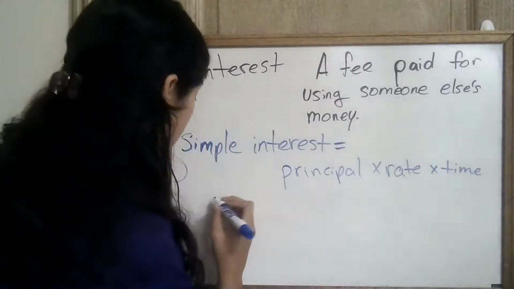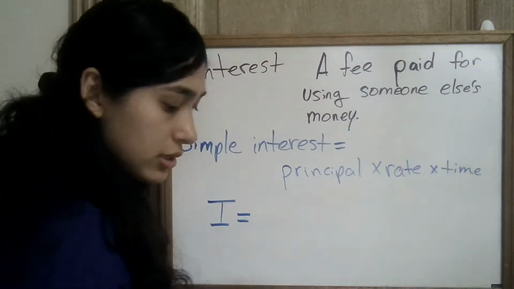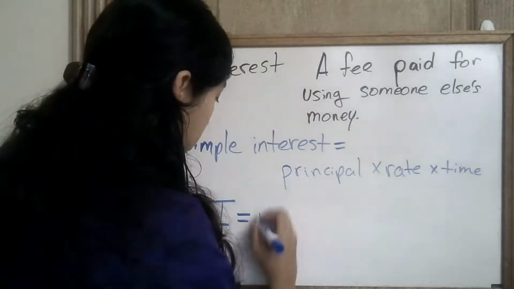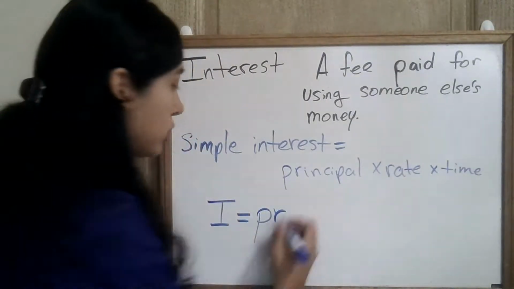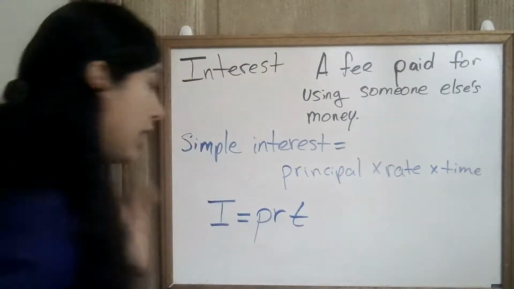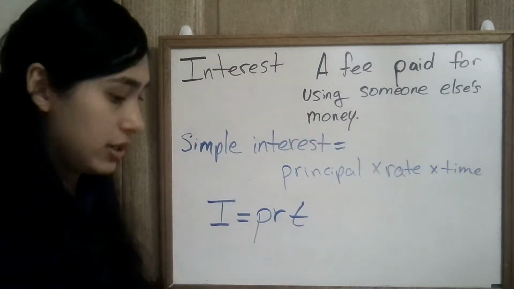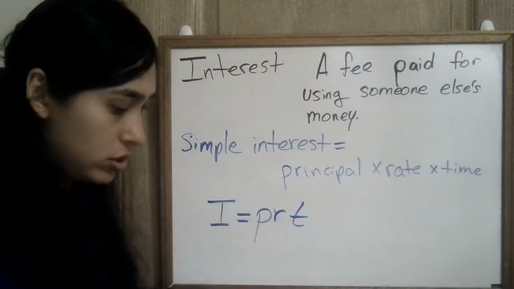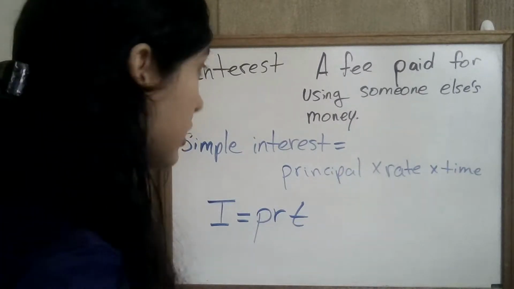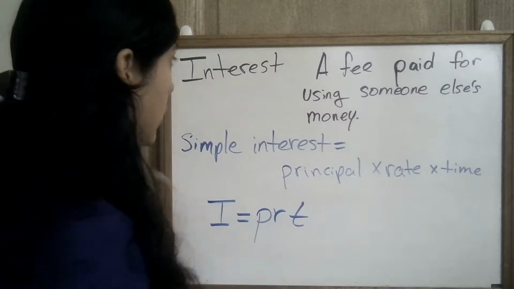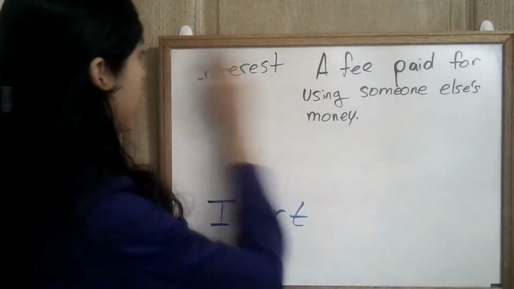So I can write it down as I, simple interest, is P, our principal, multiplied by our rate, multiplied by time. Interest is equal to principal times rate times time. So I can write this like this.